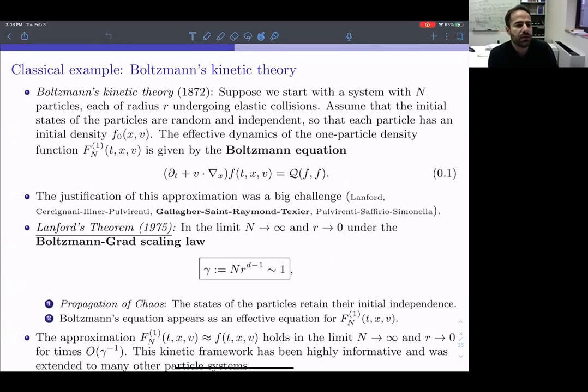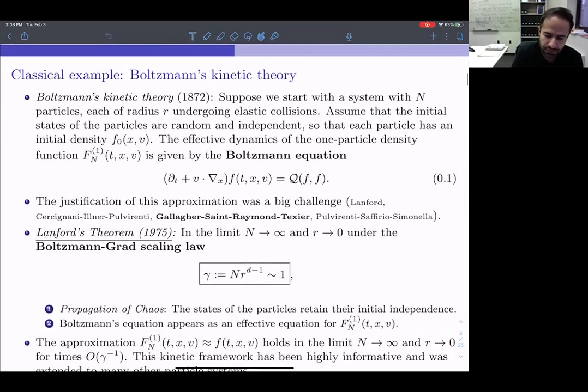Each of those particles has radius r, and we're thinking of those particles as undergoing elastic collisions. We assume that the initial states of the particles are random and independent. So we have many particles, but their initial position and velocity are random and independent, so that each particle has a density distribution, f naught of x, v.